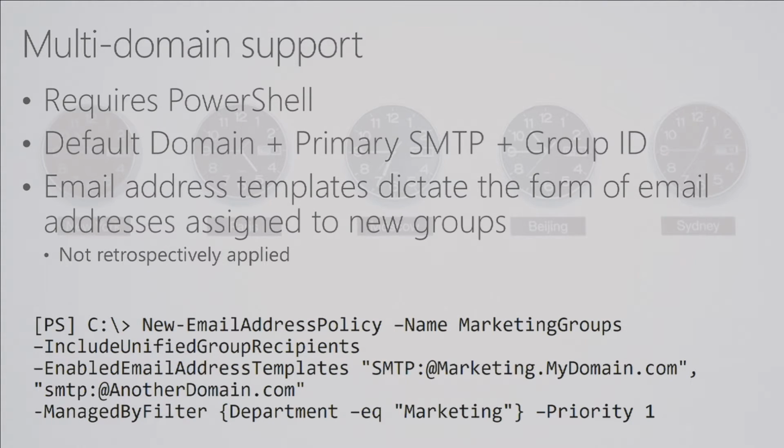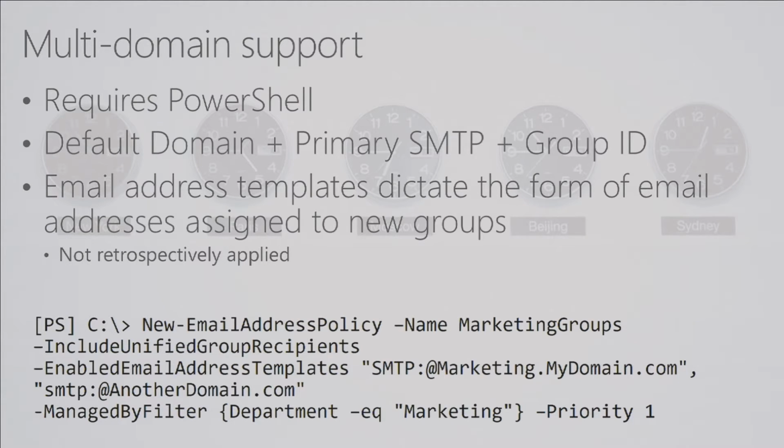Now, all of this setup, and I'm not going to go over the configurations, is going to require some PowerShell. What is interesting, especially in the education space, but not just, is the ability to provide policies, as you can see at the bottom of the slide, to say, if somebody comes from the marketing department, create the group with the SMTP address marketing.contoso.com.